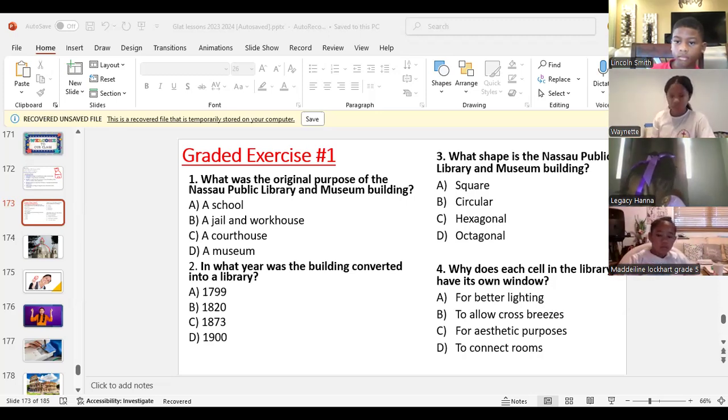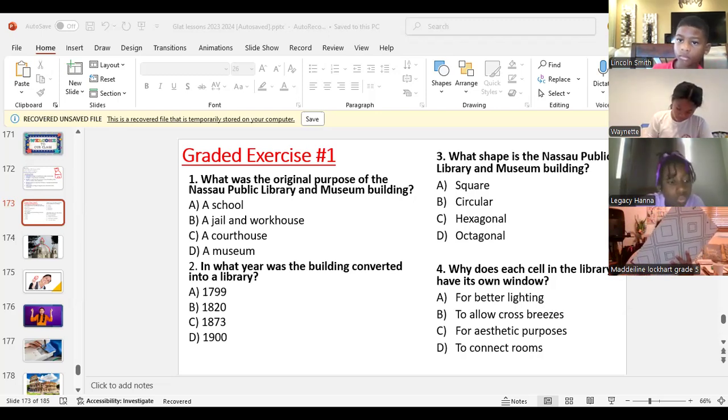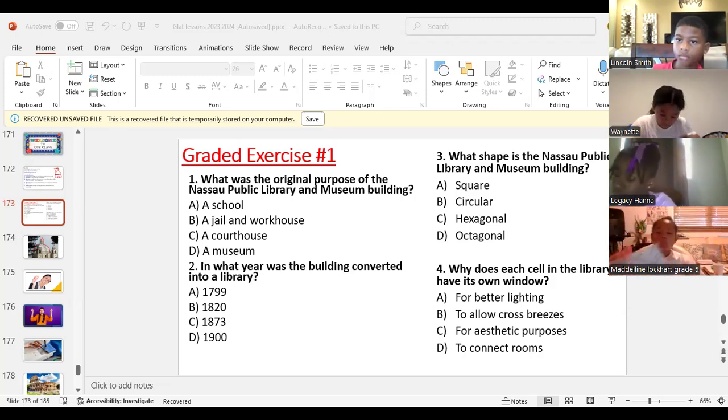Good. Legacy, what number you on? I'm on number 5, writing the questions. Number 5, okay. Now you have to answer it because we're soon going to move on from that. So make sure you answer it.